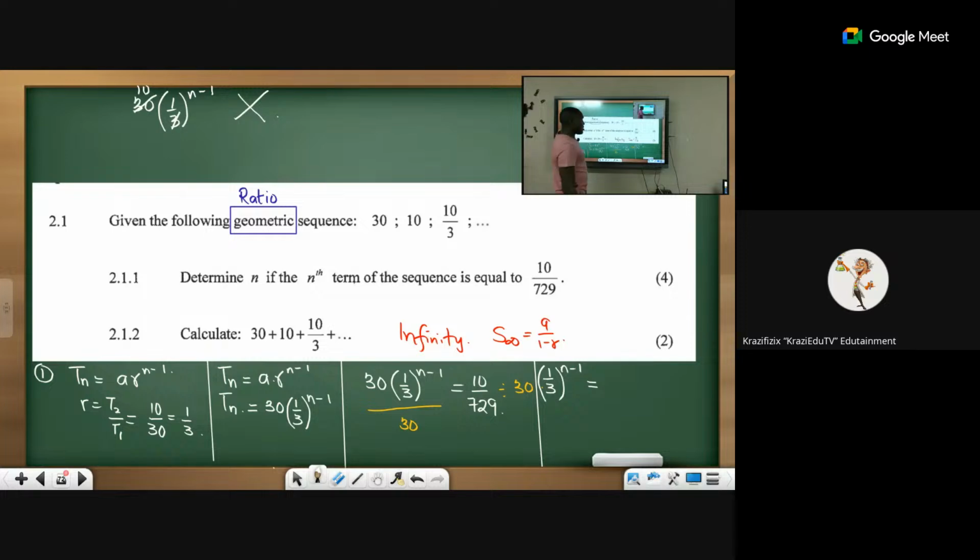What would that be? Somebody help me there. 729 times 3 would give us what? Confirm for me. That will give us, no, 3 times 9, 27. 3 times 2 is what? 6, 2, 8, 2187. Confirm?